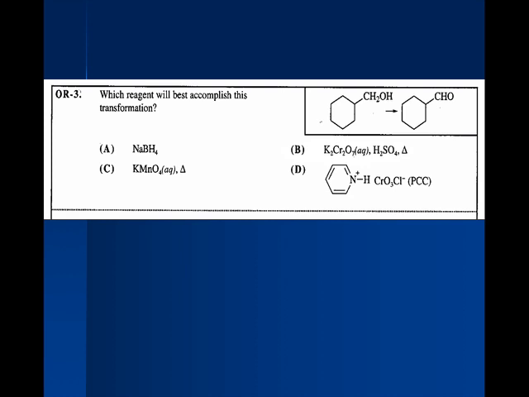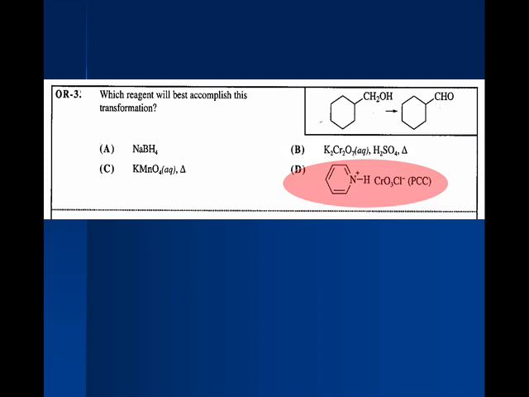How about here? What's the functional group transformation? Primary alcohol to an aldehyde. And I need what for that? An oxidizing agent. Which one will do that? D. And that is PCC.